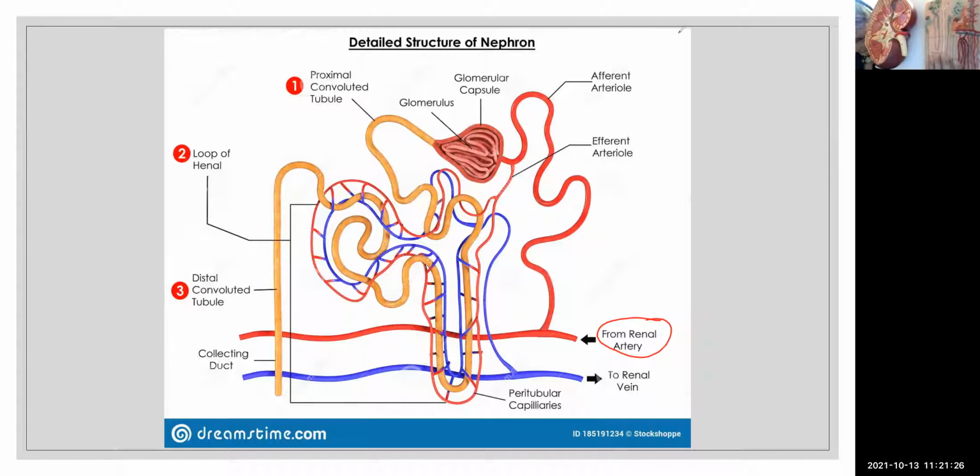Let me use my virtual pen here. See that renal artery? It splits into segmental. So it goes to each and every segment. And then you can see the lobes. These are the pyramids, but in between the pyramids are the lobes with the interlobar artery, as you can see here.